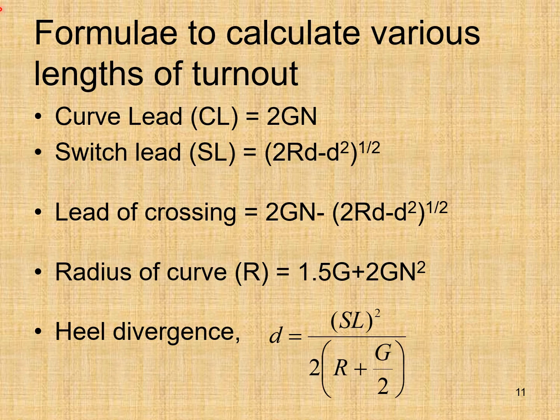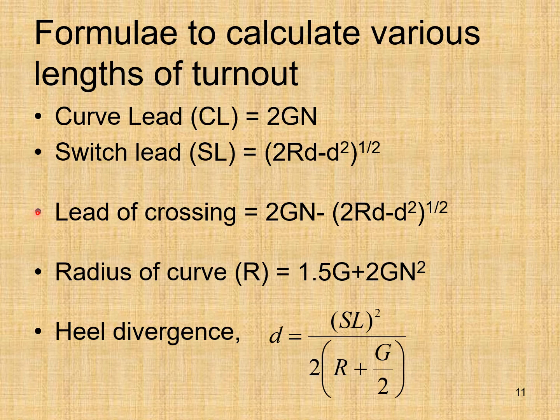Now the formulae to calculate the various lengths of turnout. You will have to look at all these formulas. The first formula is meant for the curve lead, CL, that is 2 into G into N. Then you can see the formula for the switch lead, where R and D are involved.